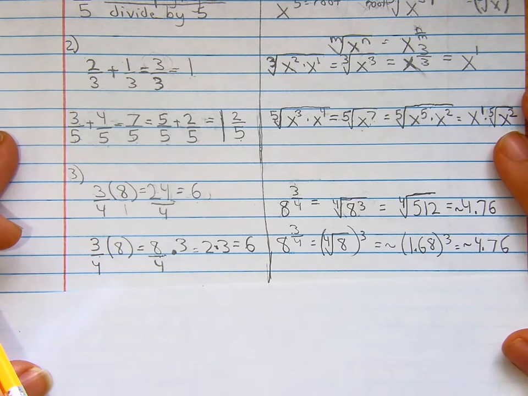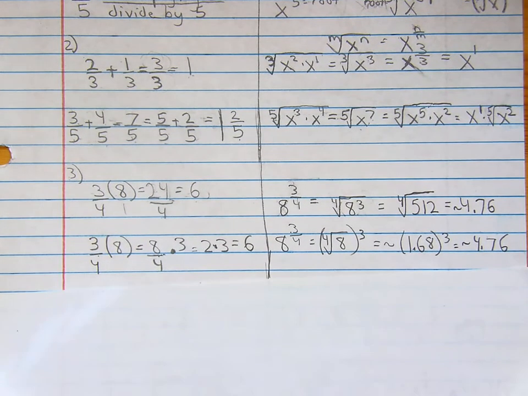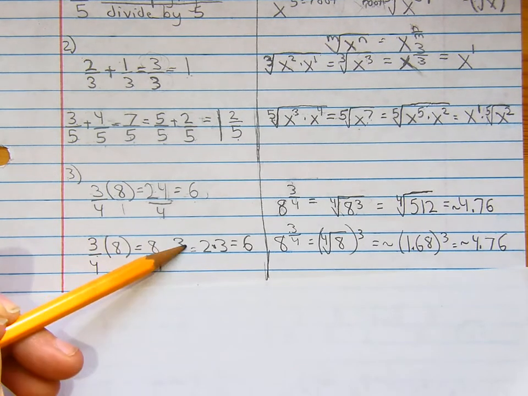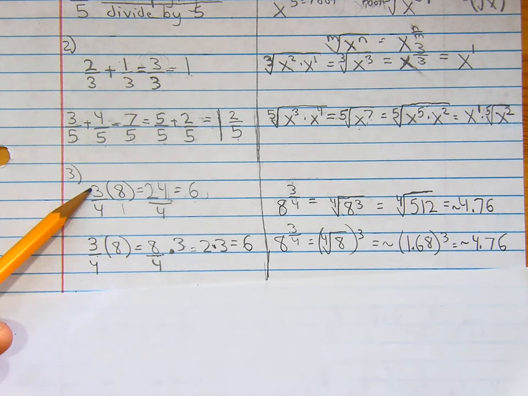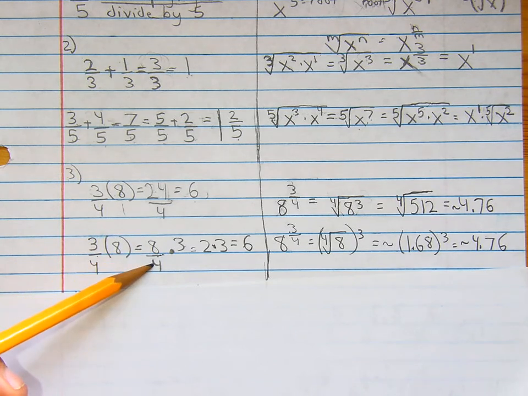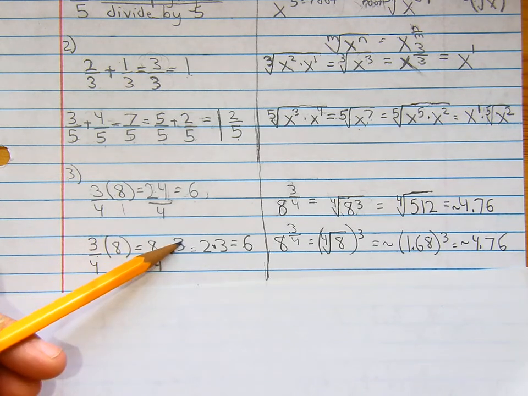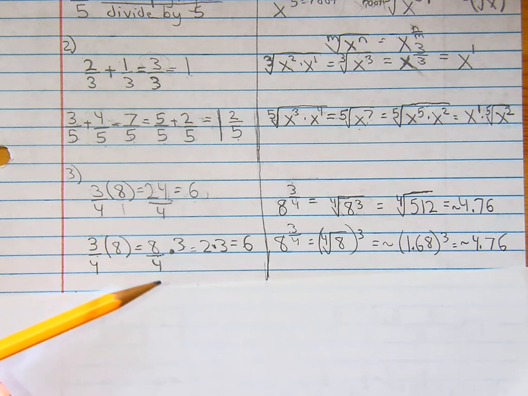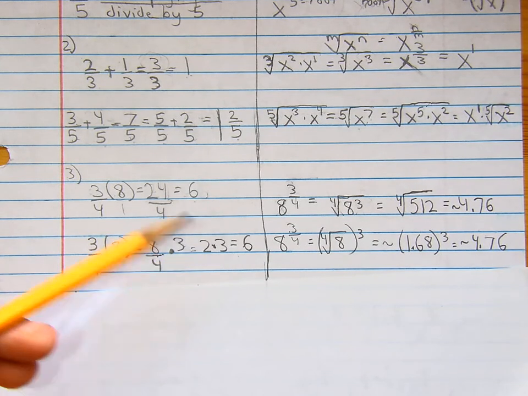Okay. So what if I was to do this first using my division and then multiply? Because remember, you can multiply by 3 and then divide by 4, or you can divide by 4 and multiply by 3. Does it change anything? As you see, the answer is no. You still get 6.